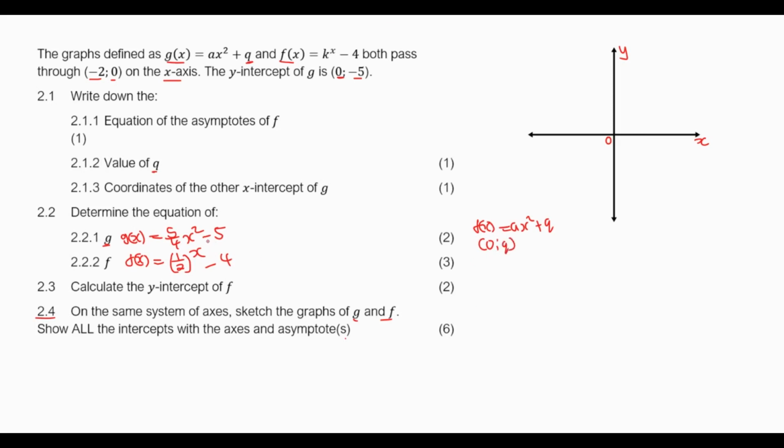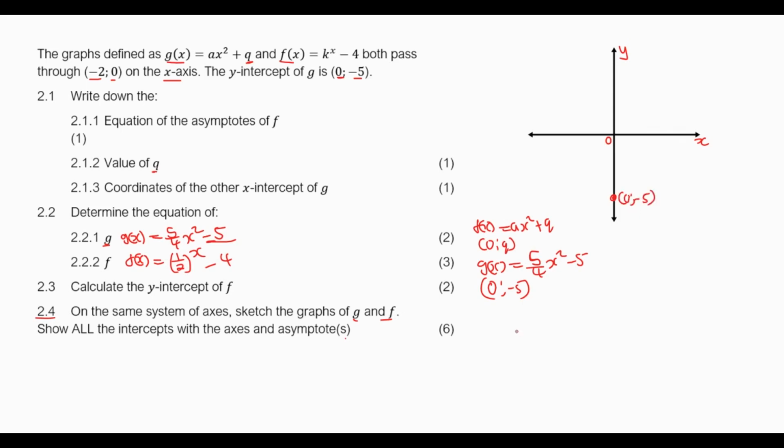So in this case, g of x is equal to 5 over 4 x squared minus 5, so the coordinates of the turning point are 0, -5. Let's put it here. Say this is 0, -5.